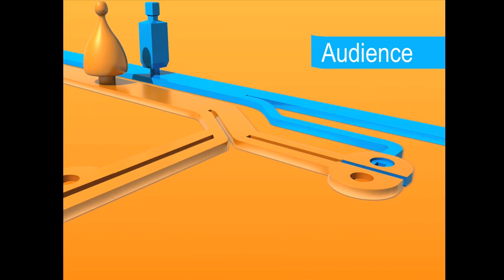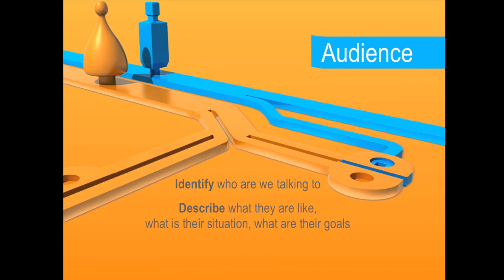The next document is audience analysis. Here we're doing three things. One, we want to identify who we are talking to. It's one of the most important pieces of any communication. If you don't know who you're talking to, you're not going to be able to communicate with them. Beyond that, we want to describe them: what are they like, what's their situation, what do they want to do at the end of the day, and what are we trying to solve for them?